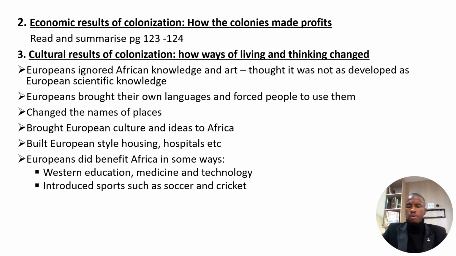Jewelry was formed in Europe and then transported to Africa or resold at an inflated price to African people. The third one, which is one of the other important elements that we should cover, is the cultural results of colonization: how ways of living and thinking amongst African people changed.